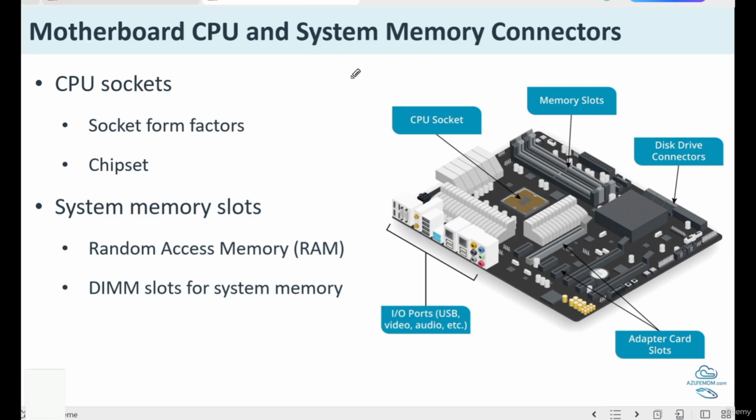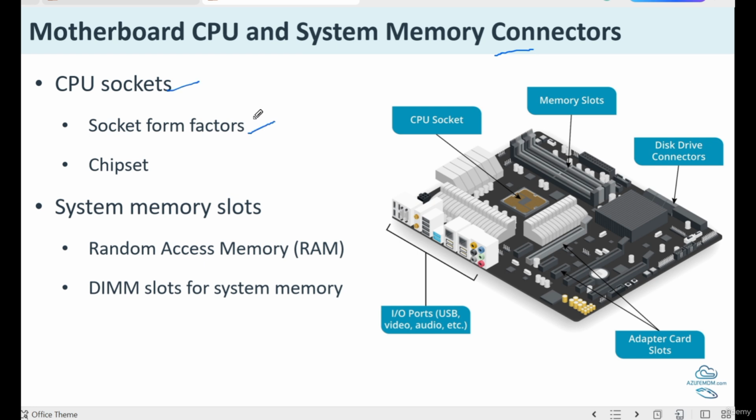Now, let's understand about the motherboard, CPU, and system memory connectors. What is a CPU socket? The seat on the motherboard where the CPU is placed is called the CPU socket. Different CPUs need different sockets, so they must match the size of the socket.